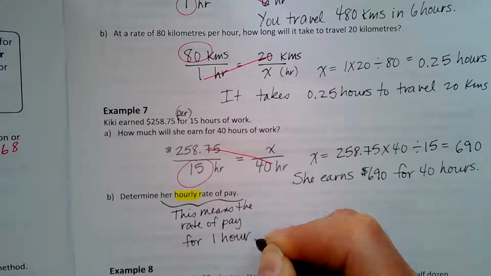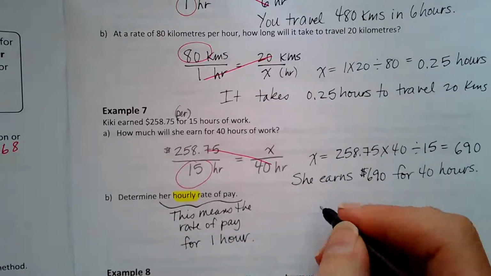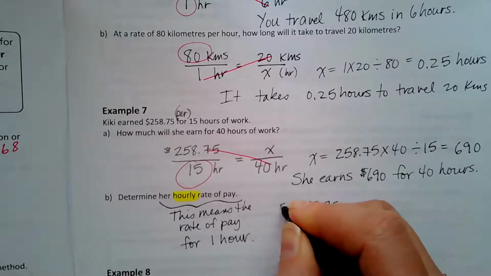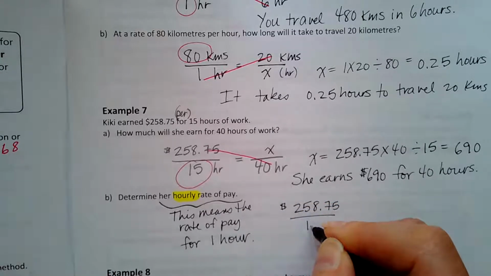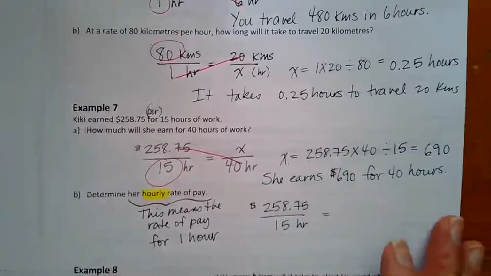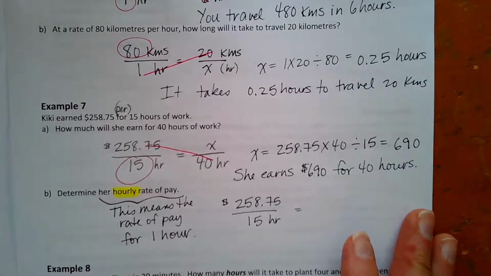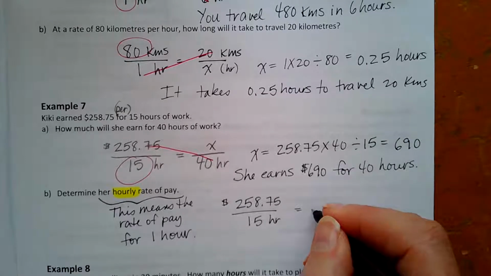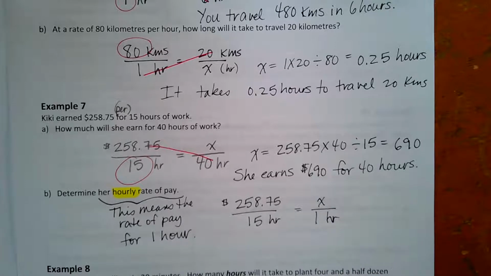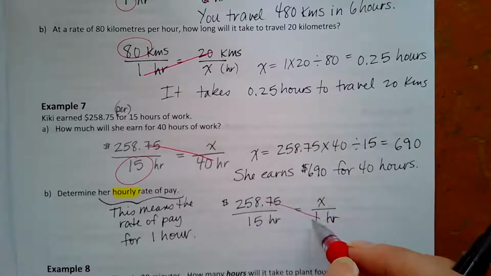That's hourly. Okay, so what did we start with again? Our first conversion was $258.75 for 15 hours. Okay, so what am I looking for? I'm looking for how much for 1 hour. So I multiply and I divide.